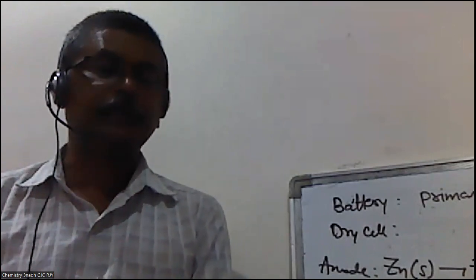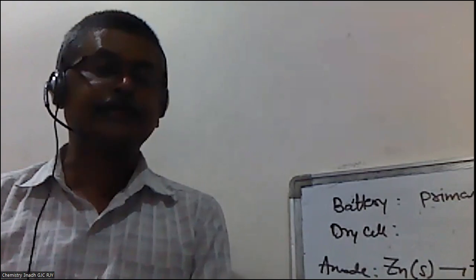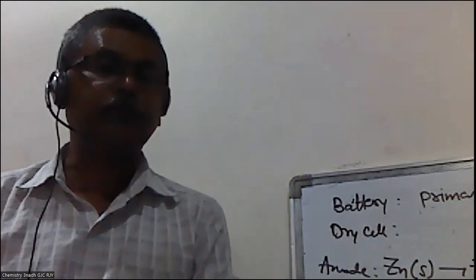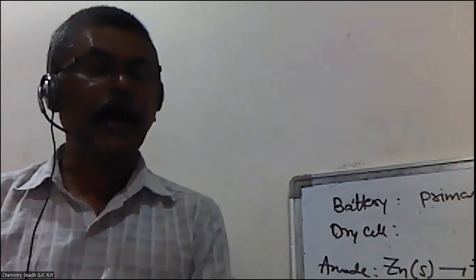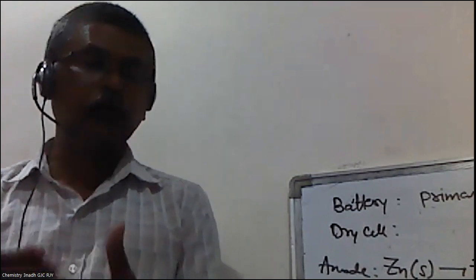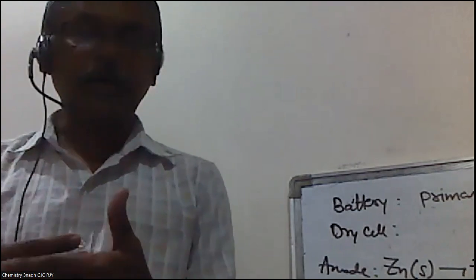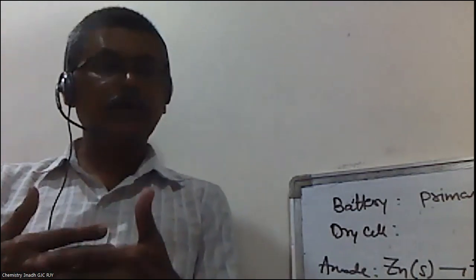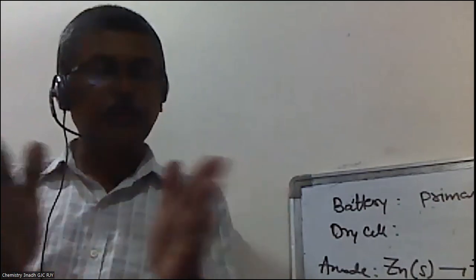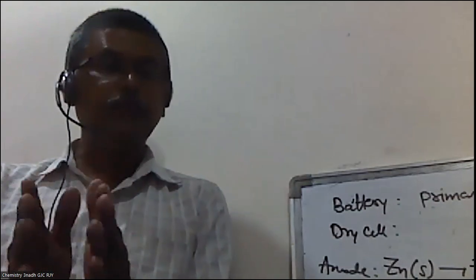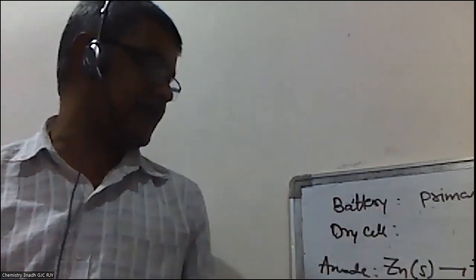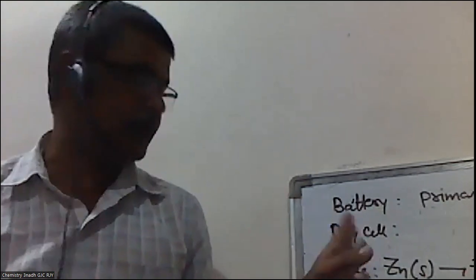In this dry cell, the zinc container acts as the anode and the carbon rod acts as the cathode, surrounded by manganese dioxide and carbon powder. The space between the anode and cathode is filled with moist ammonium chloride and zinc chloride, and the reactions occurring at anode and cathode are here.